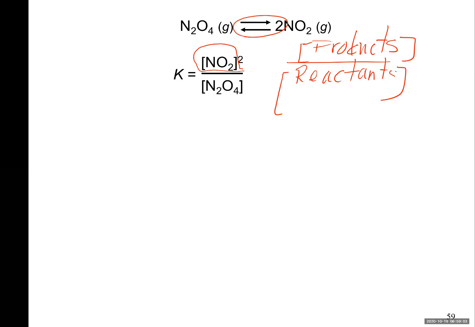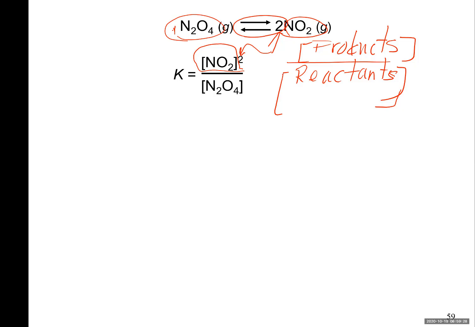So write the concentration of product, NO2, on the top. If there is any coefficient, the coefficient becomes a power term of the concentration, divided by the concentration of reactants. The only reactant is N2O4, concentration of N2O4.